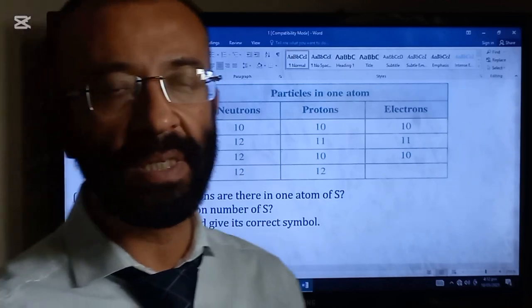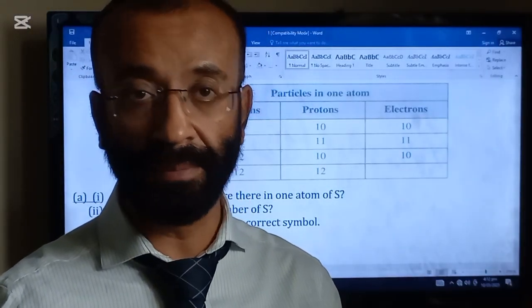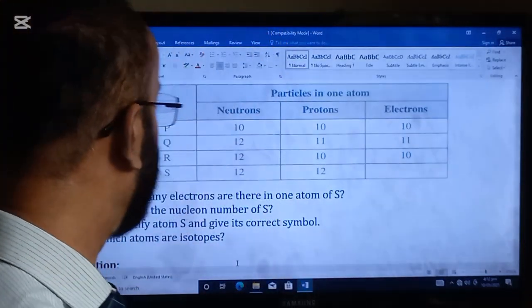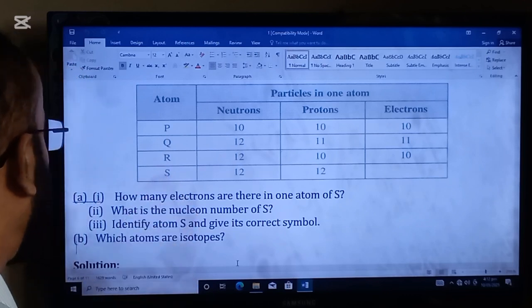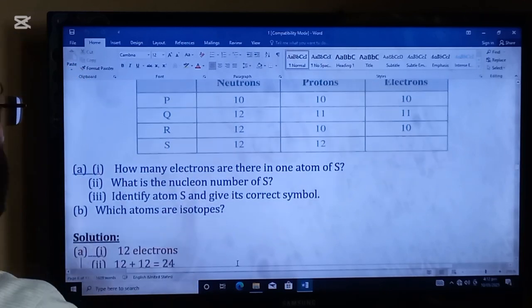So isotopes have the same proton number but different nucleon number. So P and R are the isotopes of the atom.